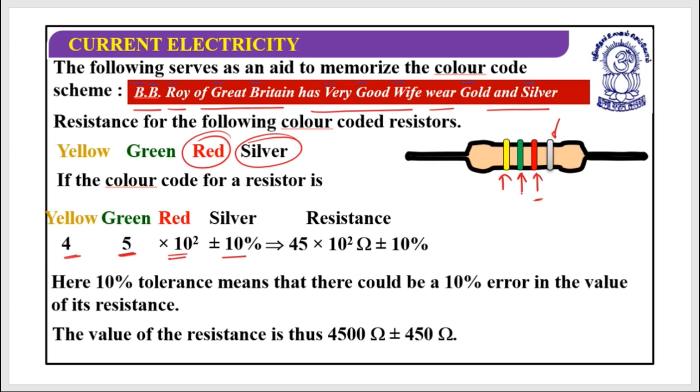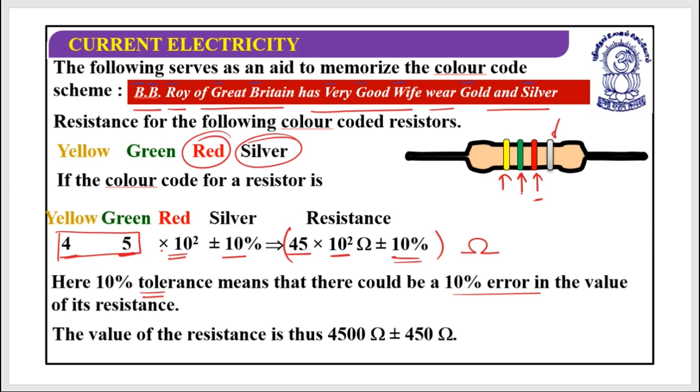If I combine this, I write the first two digits, 45, then multiply by 10 to the power 2, the multiplier, and last the tolerance of 10%, in ohms. Here 10% tolerance means there could be a 10% error in the value of its resistance.